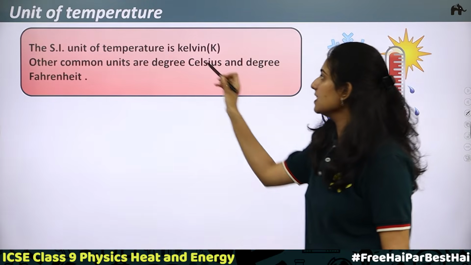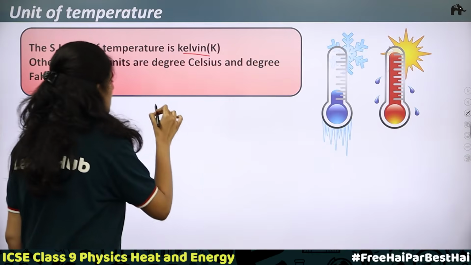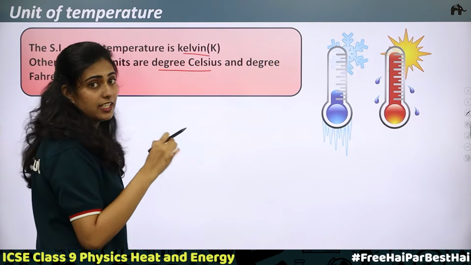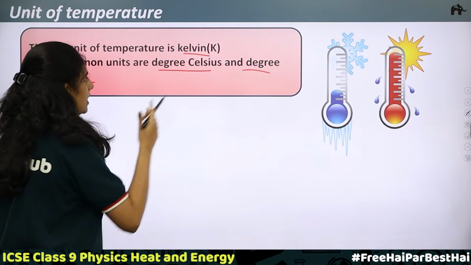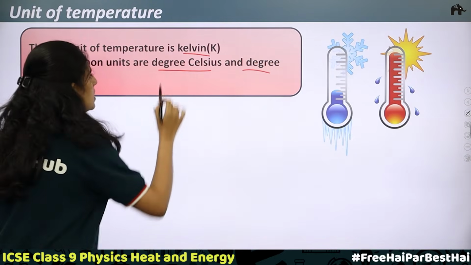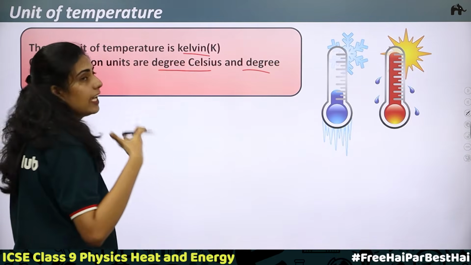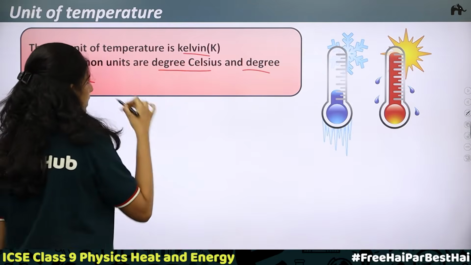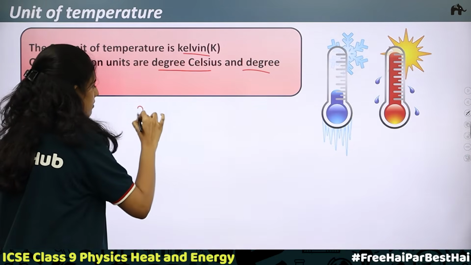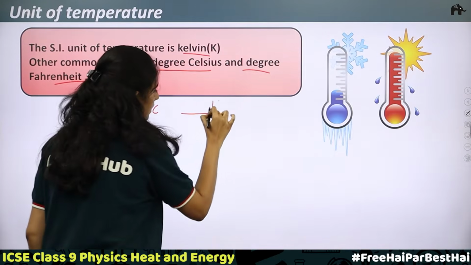The unit of temperature is Kelvin, represented by capital K. Normally we use another unit, degree Celsius. Degree Celsius and degree Fahrenheit are the other units of temperature. Now, what is the relation between them? To convert degree Celsius into Kelvin, let's say the temperature is 25 degrees Celsius, and we need to find how much it is in Kelvin.